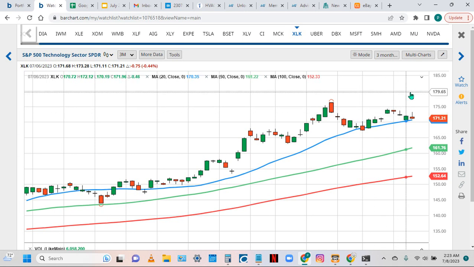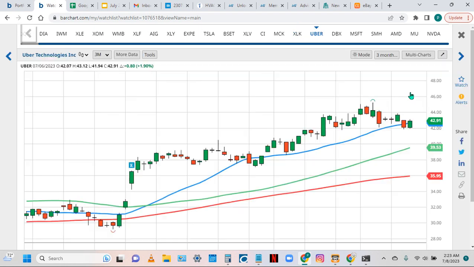So the momentum in technology is definitely slowing down. It's still in an uptrend, and probably will stay in an uptrend, but the momentum move up is definitely slowing down. So maybe not the best place to be looking for opportunities at this time, but I still don't discount tech because it's been so strong.